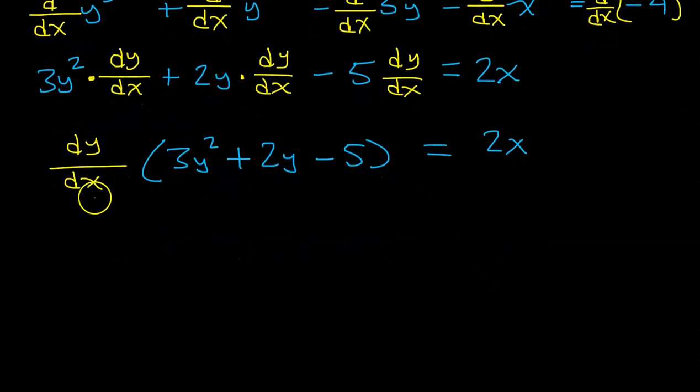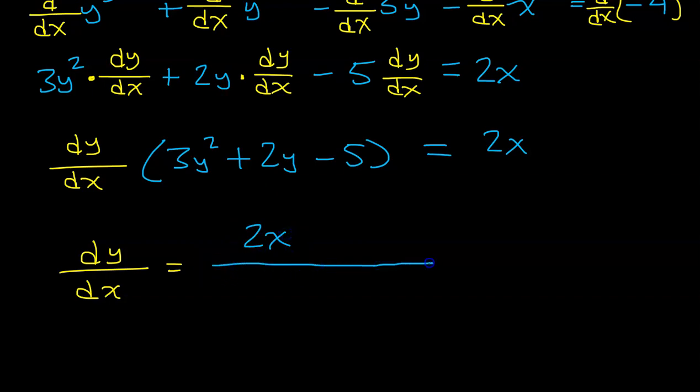And the last step is to get the dy dx by itself. So I'm just dividing both sides by all of this. So the final answer is going to be dy dx equals, and we'll just end up with 2x over 3y squared plus 2y minus 5.